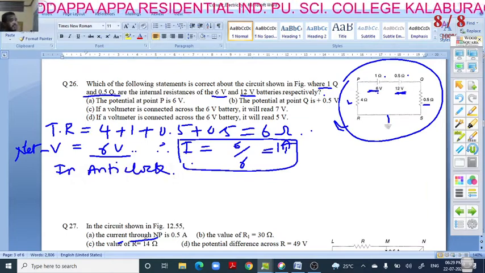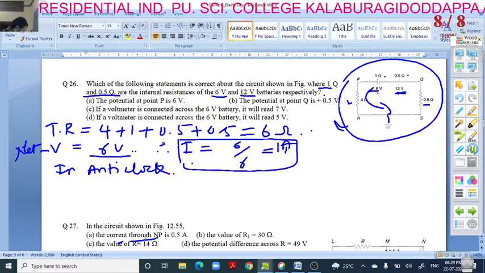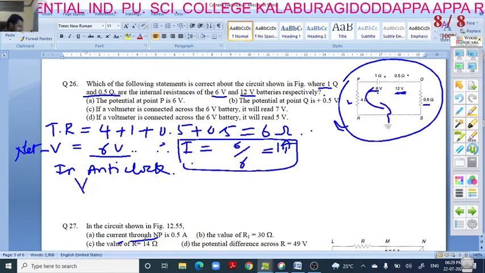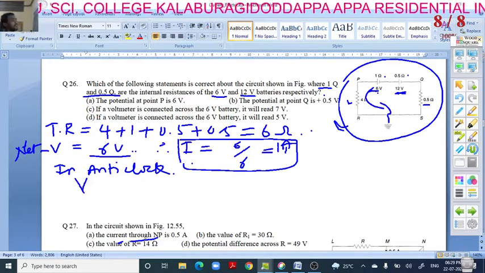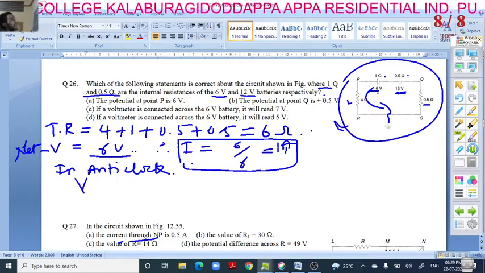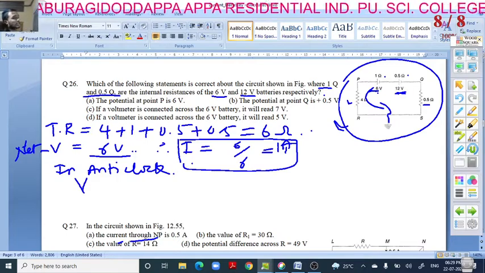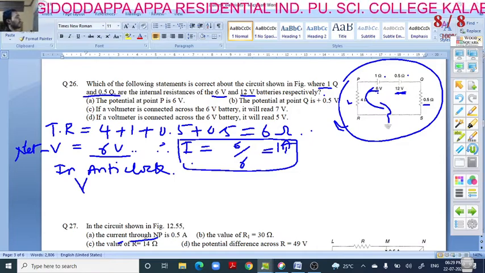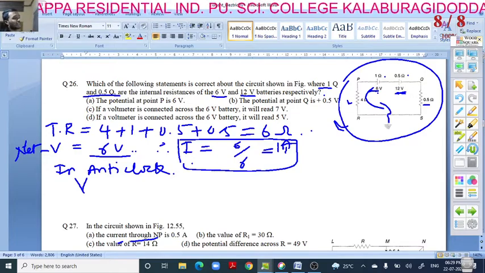See from the figure, in the anti-clockwise direction. Actually, what are the options he has given? Potential at P he has given, potential at Q he has given, and if a voltmeter is connected across the 6 volt battery, it will read 7 volt.